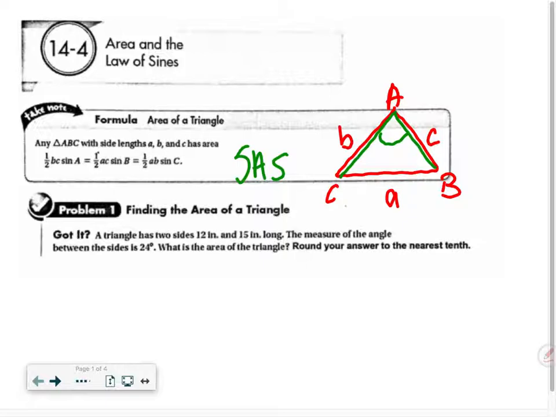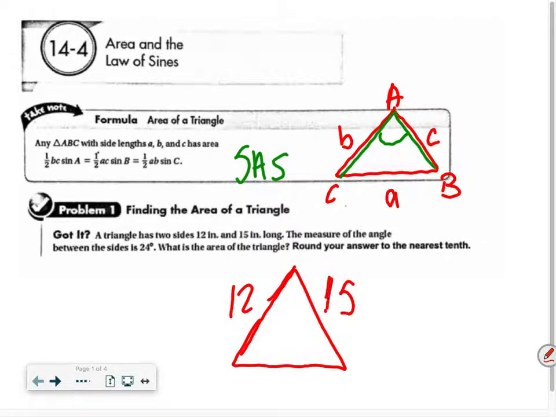Problem 1: a triangle has two sides, 12 and 15. Let's draw a triangle. Mine always end up being equilateral, I don't know why. Then label two sides 12 and 15. It doesn't matter which two sides you label 12 and 15.